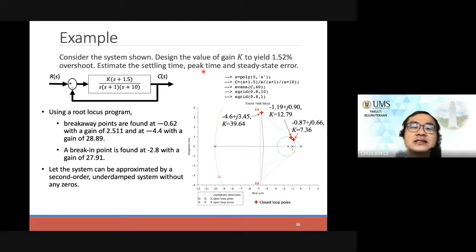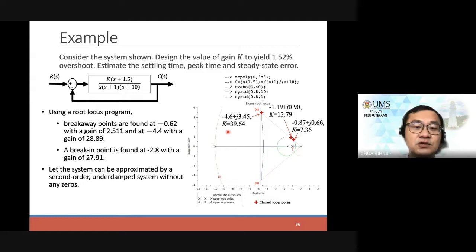So consider this system. Design the K value, or the gain value, that will give us 1.52% overshoot. Then from there we just estimate the settling time, peak time, and steady state error. You can try it without using the software later on, but for our example, we just use software first.